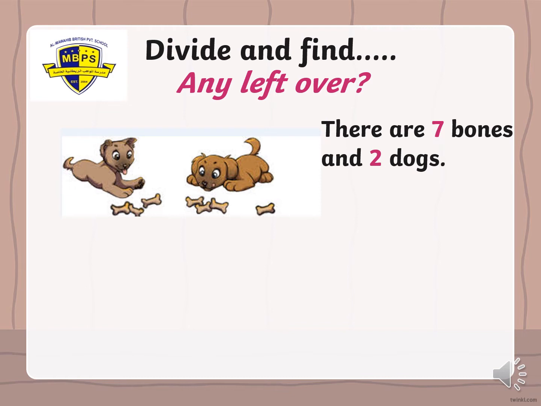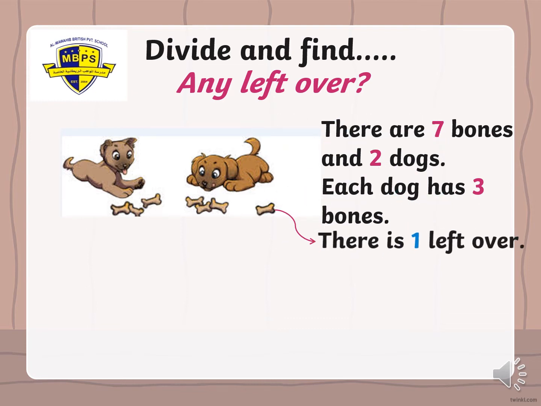If I'm going to share 7 between 2, then I will give 3 for each one, but there will be 1 left over. So now we divide and we find that there is 1 left over. We divide 7 between 2, we give 3 for each dog, and there is 1 left over.